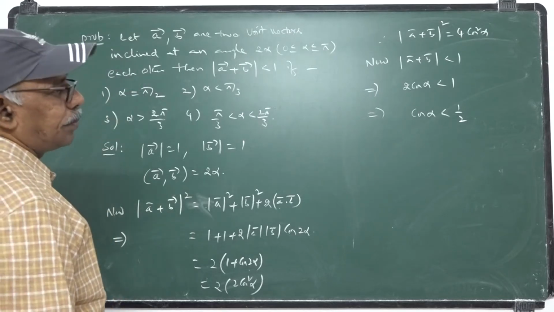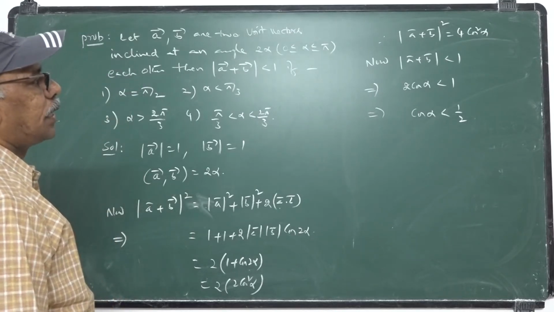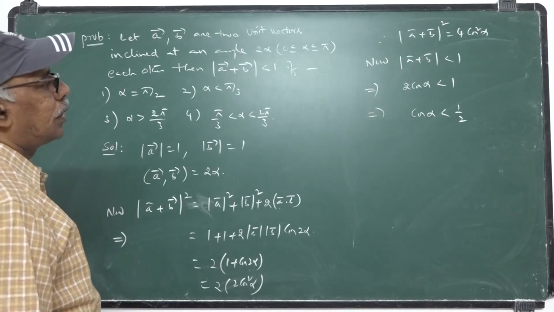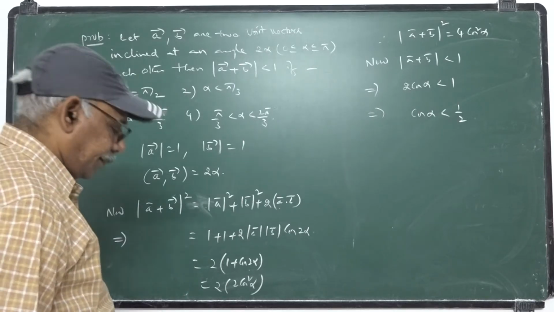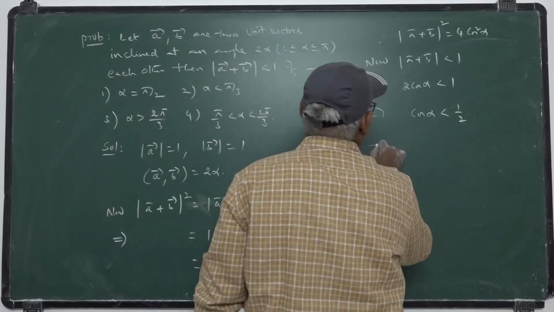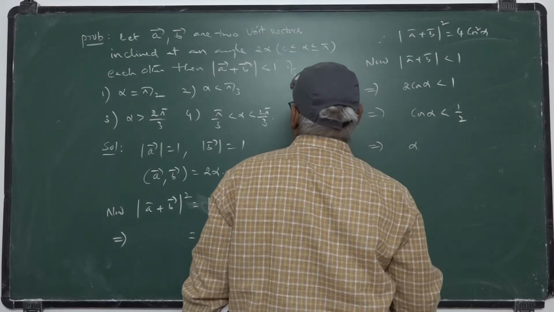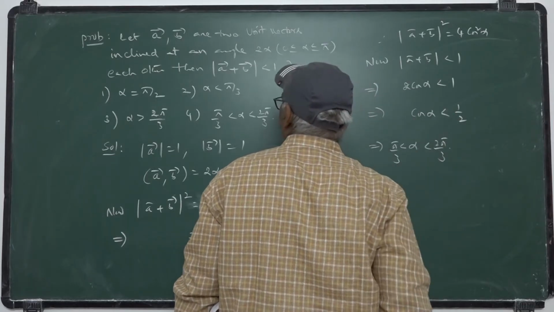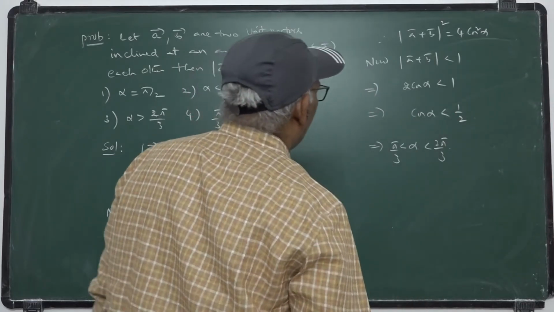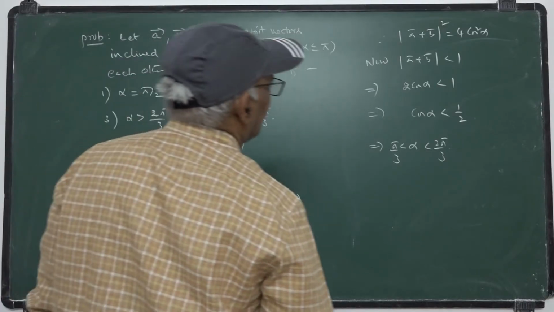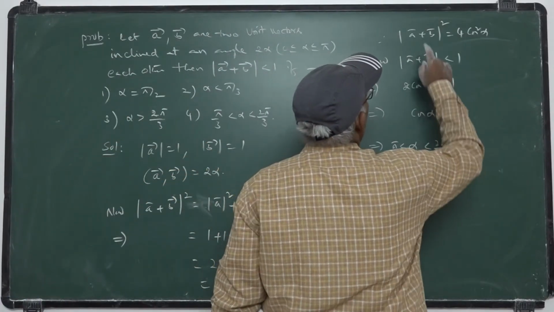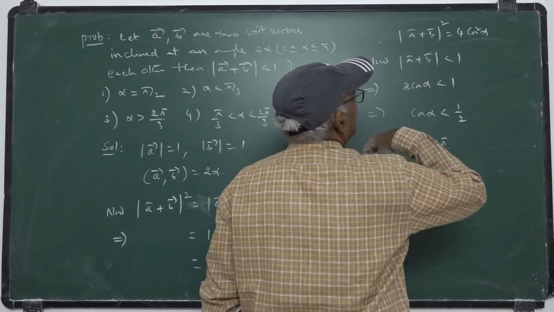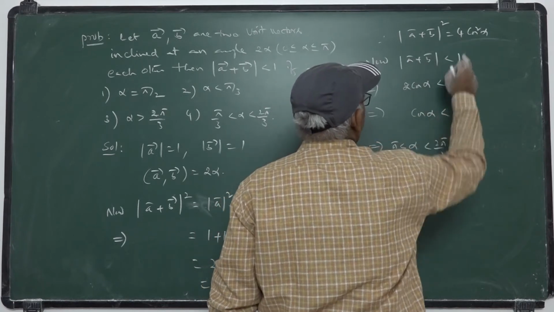Of course, modulus of A bar plus B bar is less than 1 means the magnitude is less than 1. So that implies alpha is greater than pi by 3, which means alpha lies between pi by 3 and 2 pi by 3. Because taking the modulus, the magnitude means either plus or minus 2 cos alpha.